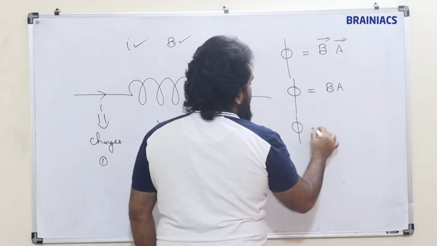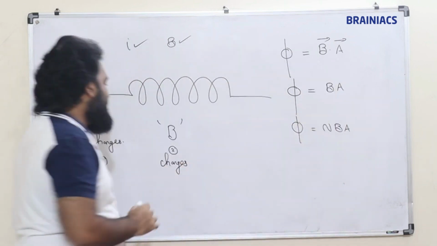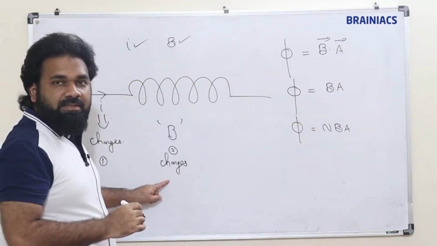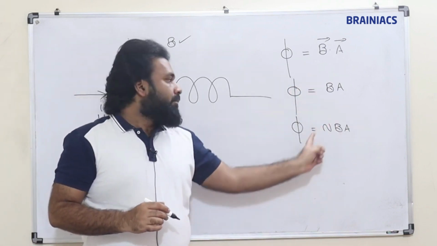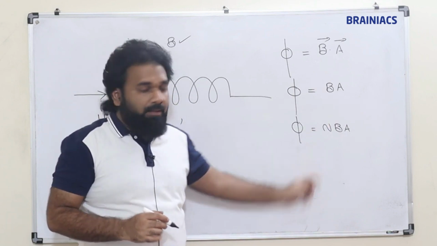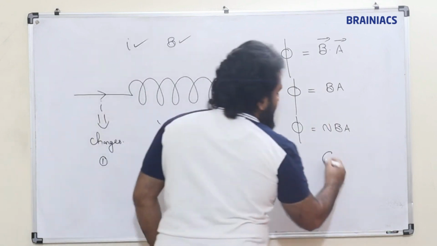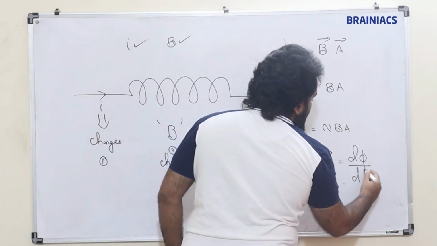If there are n number of turns, we say NBA. So what happens when magnetic field changes? Any one changes, this flux also will change. When flux changes, EMF will be there, because already we have studied E is equal to d phi by dt.